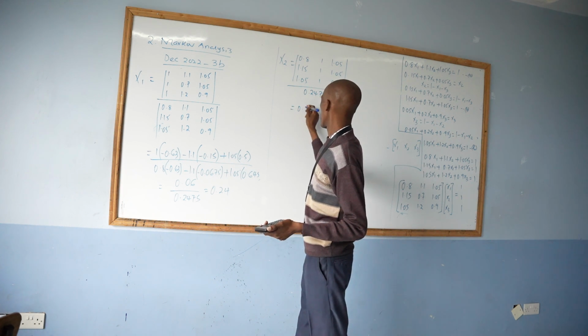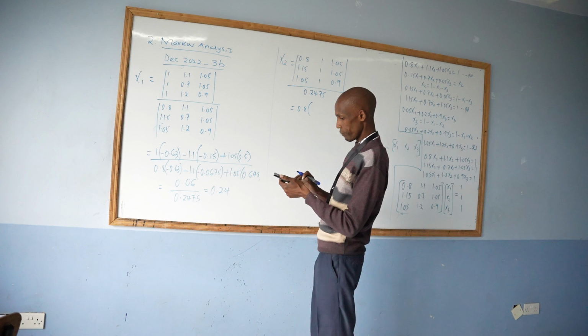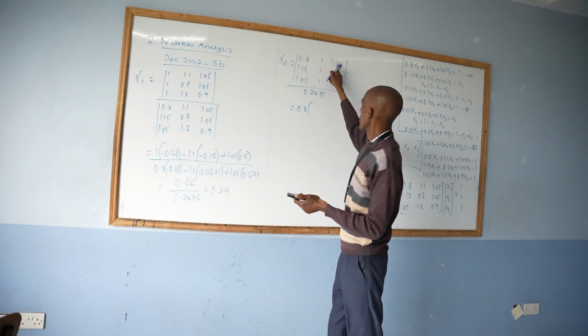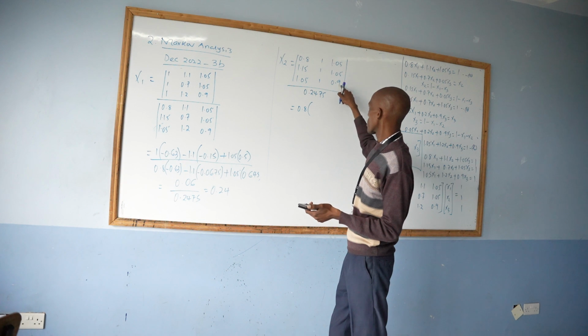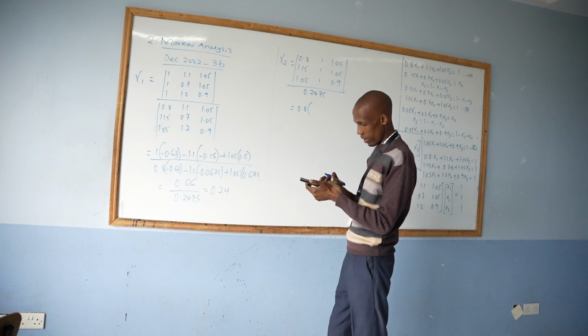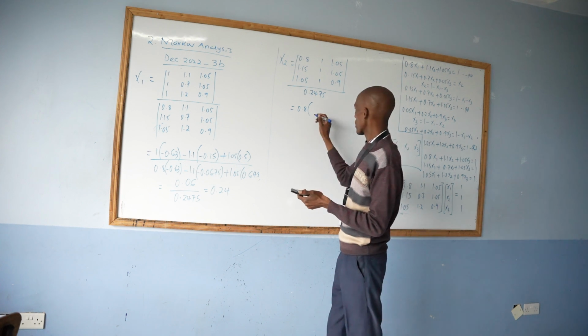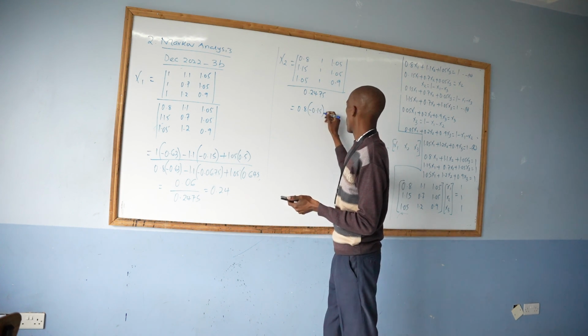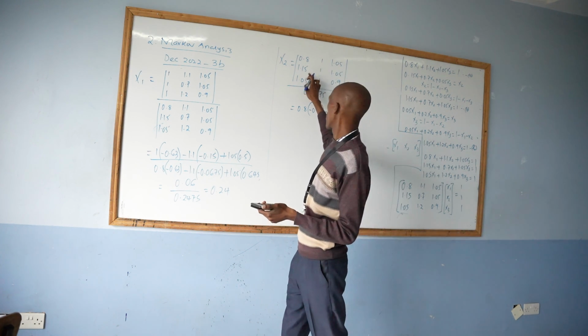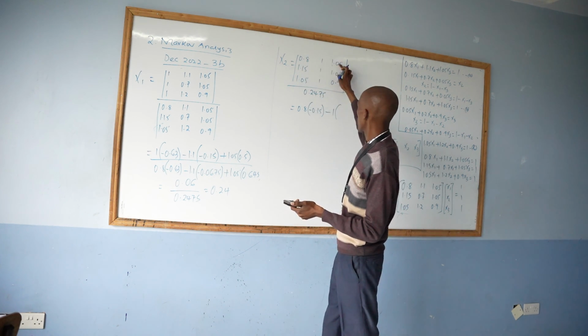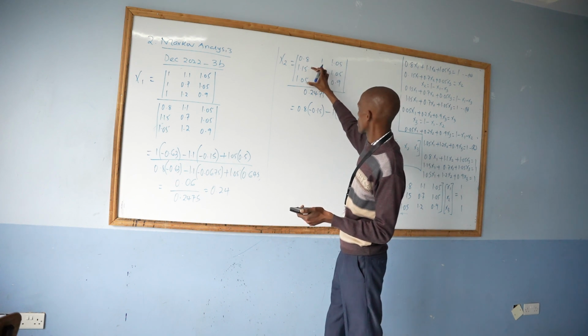So you say 0.8 in bracket. Eliminate this value, eliminate this, so you are left with this 0.9 minus 1.5. You get negative 0.15 minus 1 in bracket. Eliminate the value, so you are left with this and this.